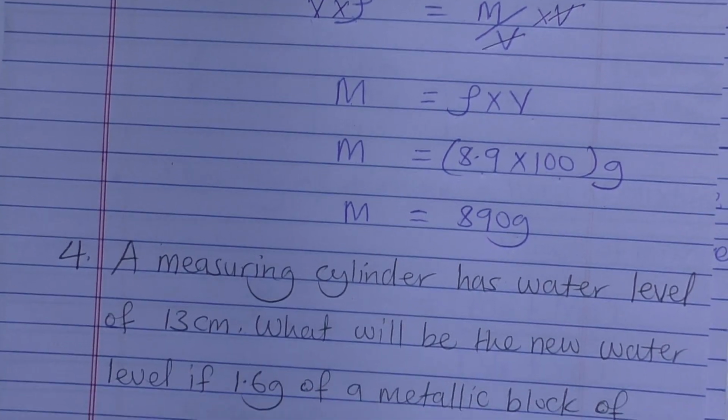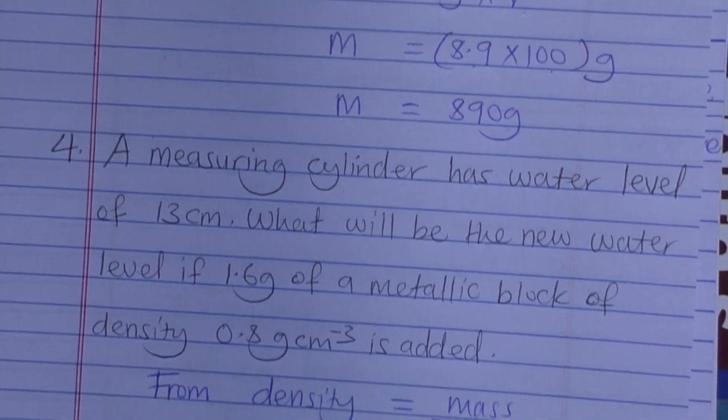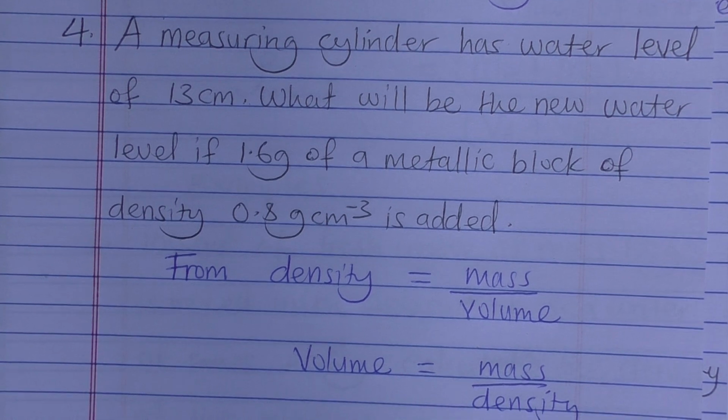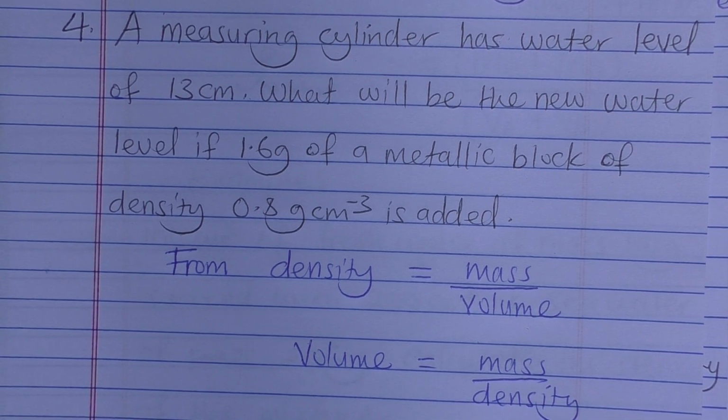Let us look at example 4. In example 4, we are given a measuring cylinder that has a water level of 13 centimeters. Then that's the level of water in the measuring cylinder.